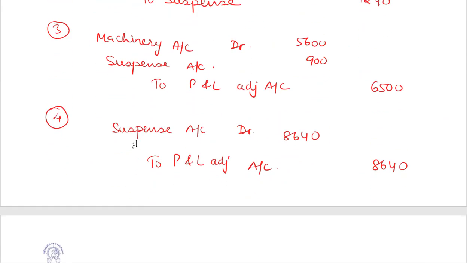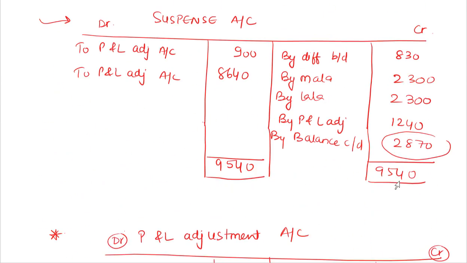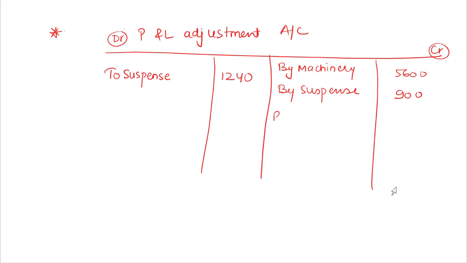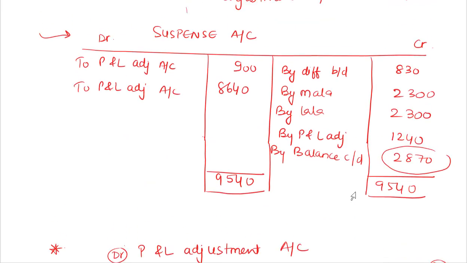Let's see the next entry. P&L adjustment credit 8640 in the name of suspense. By suspense 8640.